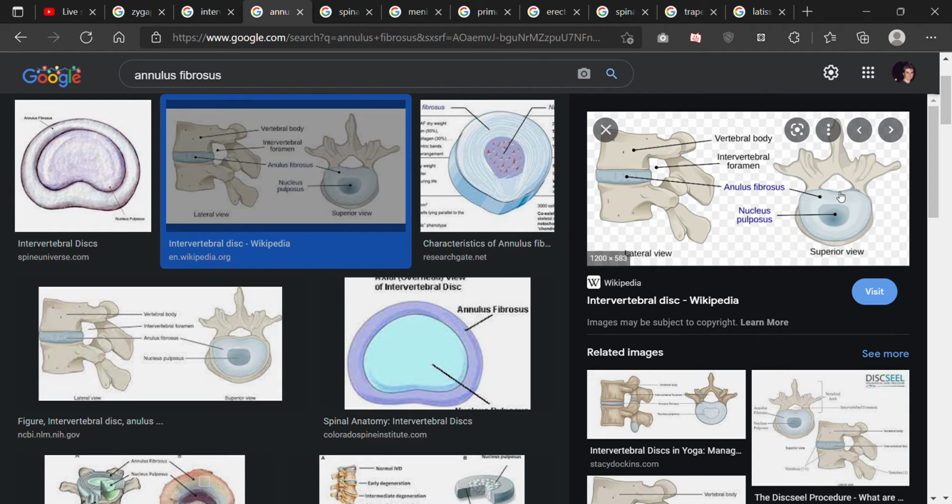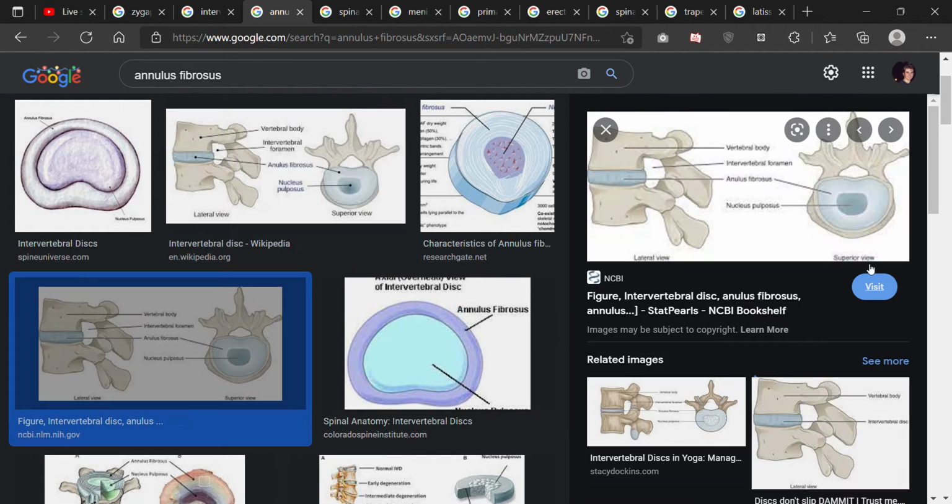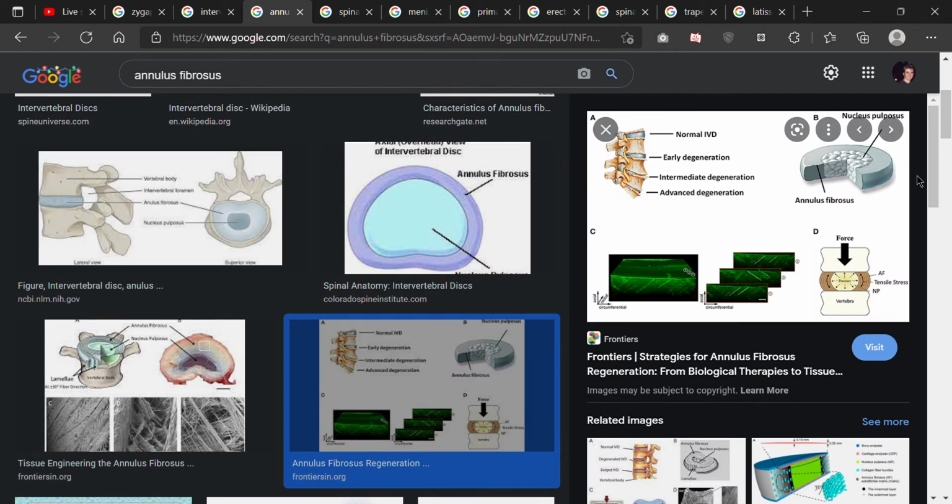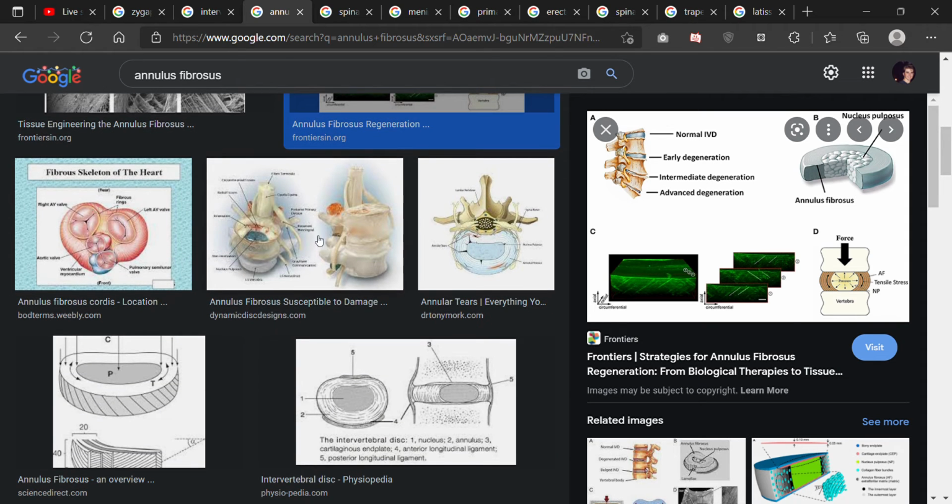Both of those parts form the intervertebral disc, or the discs as we know them. Interestingly, the nucleus pulposus is kind of like a ball, and it's mainly water.